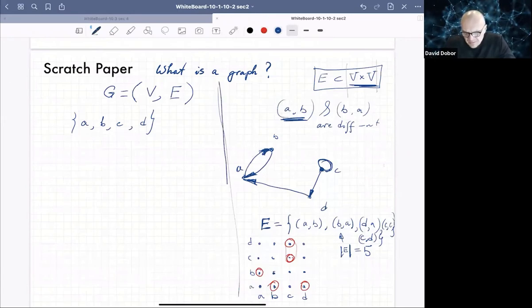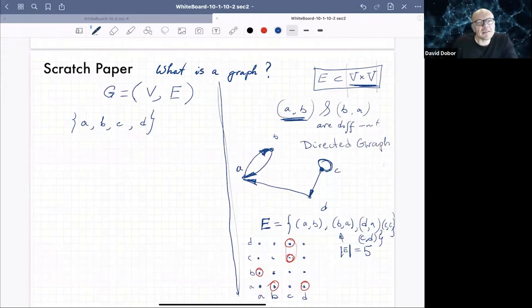Now, this object here is called a directed graph, a digraph, graph G. You can also have undirected graphs. An undirected graph is where you draw those elements from a bag without replacement. The order now does not matter.